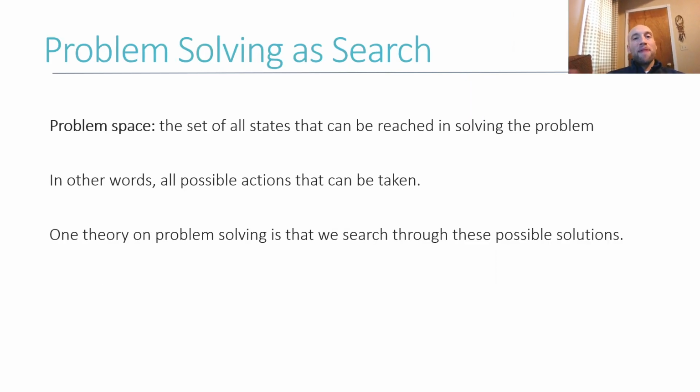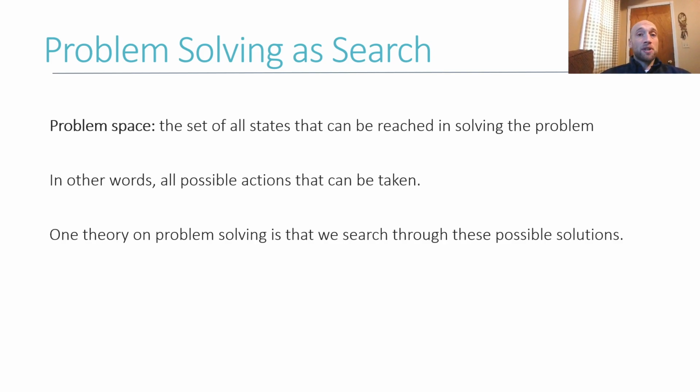The first type of method that people tend to use, or the more common one that people associate with problem solving, is just a search. So we can think of a problem as a task space or a problem space. And in this problem space, there are steps that lead me to a solution.